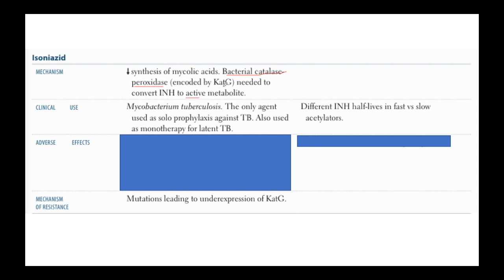And this is encoded by something called CatG, which is important because TB can resist by having mutations that underexpress that CatG, so your isoniazid won't be able to become active. It's also important to know that this is the only agent that is used as a solo prophylaxis against TB and can be used as monotherapy for latent TB.